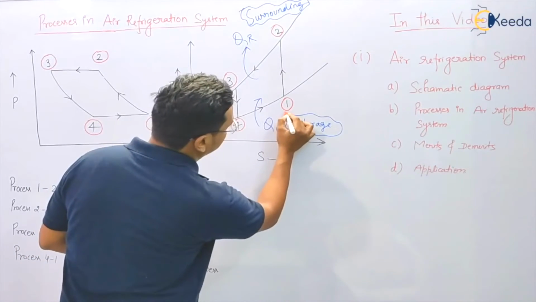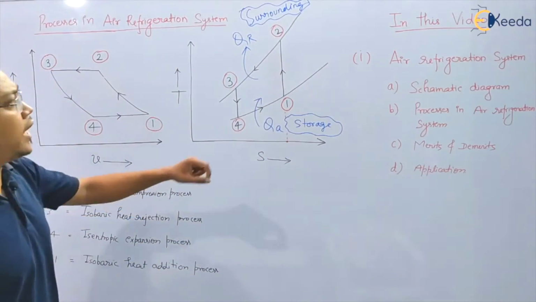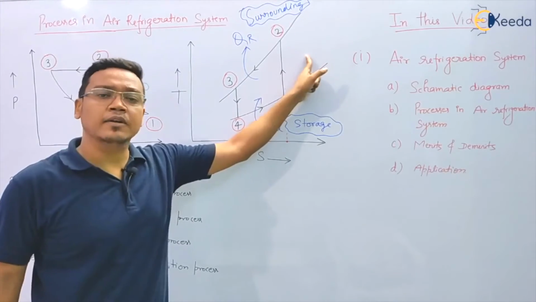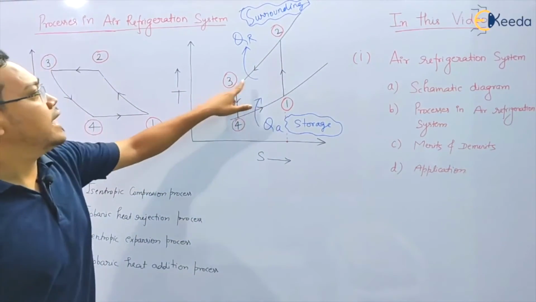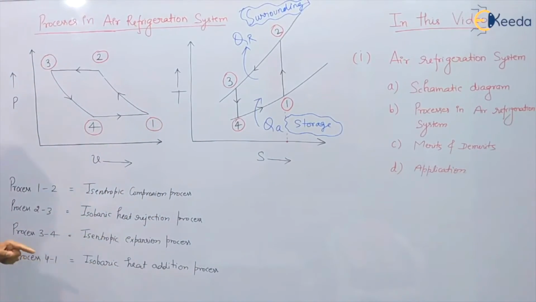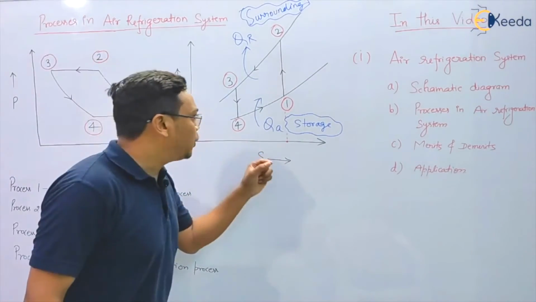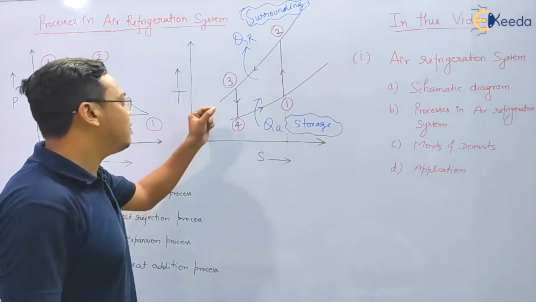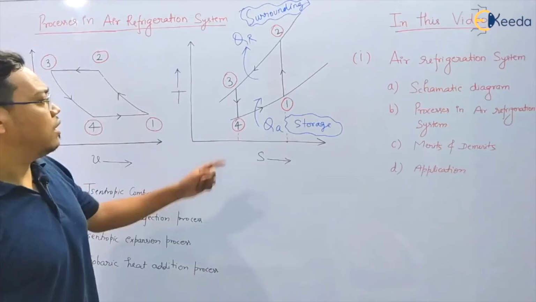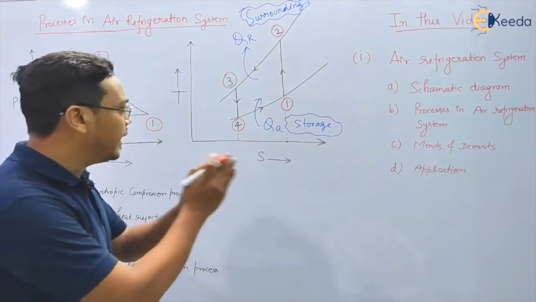Here at this point entropy is constant. 1 to 2 is happening in a compressor. 2 to 3 is happening in a cooler and it is a constant pressure heat rejection process. 3 to 4 is a constant entropy expansion process or reversible adiabatic expansion process. At this point entropy is constant. 4 to 1 is a constant pressure heat addition process.